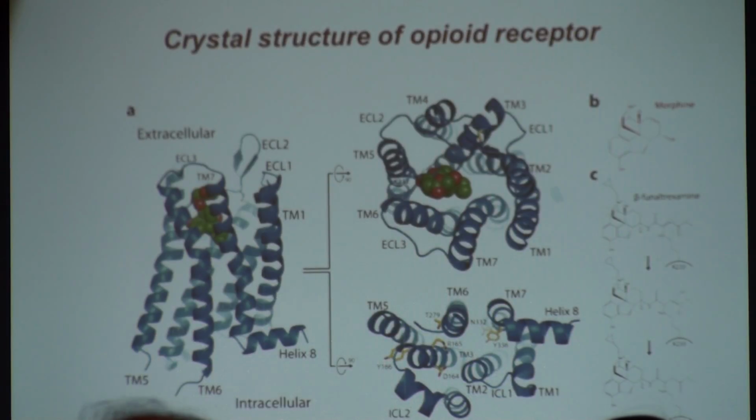So if we have a molecule that fits into this better than morphine, there might be a better drug. And if this ribbon here moves a certain way, and that's the reason why we get certain adverse effects, the bad effects of the drug, can we find a molecule that won't move the ribbon that way?